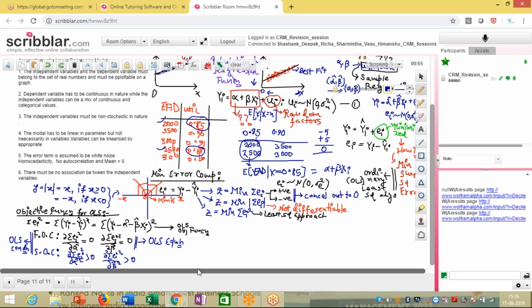Each of these assumptions that we were talking about right at the beginning are not just assumptions. They are actually the premise of the model, the necessary conditions which need to be present in the model so that this OLS estimation can actually happen. So let's have a quick look.